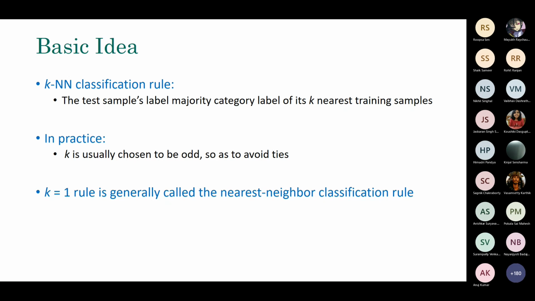Okay. All right. Sir, can you elaborate why k is taken as odd? So k is typically taken odd just to avoid ties. Ties in the sense that, for example, say k is equal to 4 and you have 2-class classification. Now in this nearest neighbor set, from the negative class you have 2 samples and from the positive class you have 2 samples.